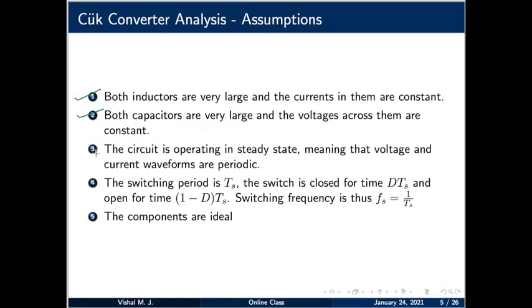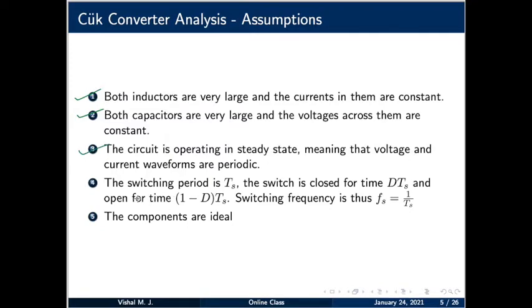Now the circuit is operating in steady state. Whenever a change in input happens, the circuit undergoes a transient, and once the transients die out, what remains is the steady state. In this analysis we assume the transients have died out and the circuit is operating in steady state, so the waveforms are all periodic. That is the third assumption.